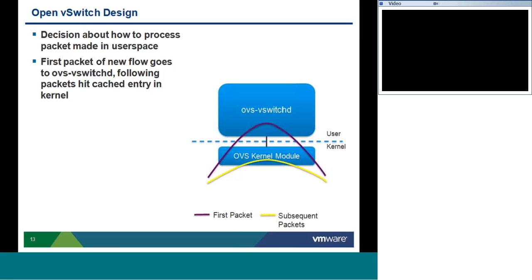If you run the ovs-dpctl show command, you'll see the number of masks, and the masks indicate how many of those hash tables there are. As you increase the number of mask combinations, you're going to be consulting more tables on average. We're looking at various optimizations for that, but right now that's not optimized.